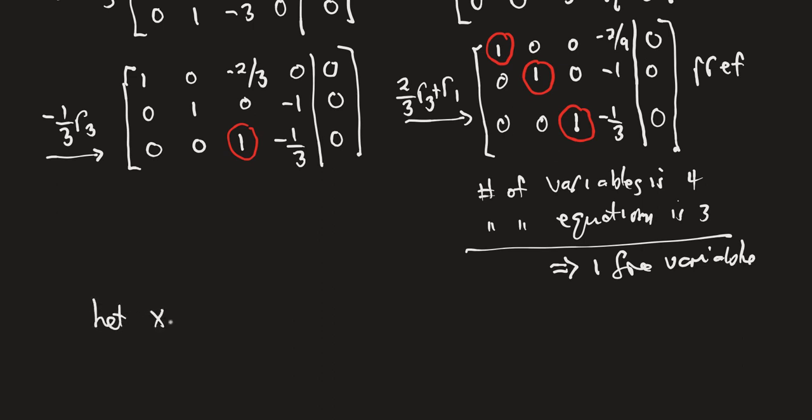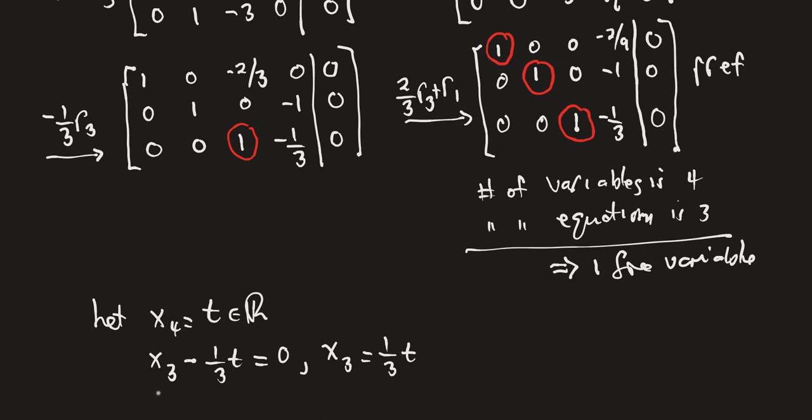So let x4 be any real number. And now the bottom equation tells me that 1x3 minus 1/3 t is equal to 0. So just move that over and you've isolated x3. So x3 is 1/3 t.